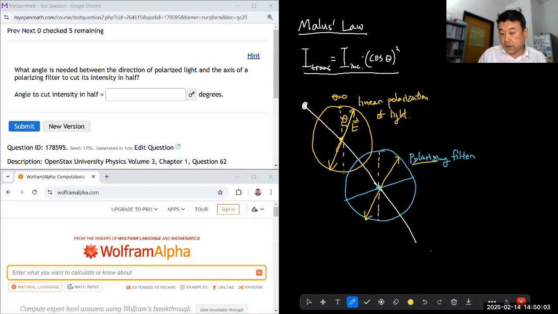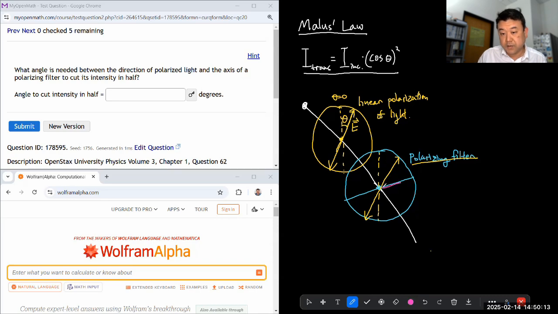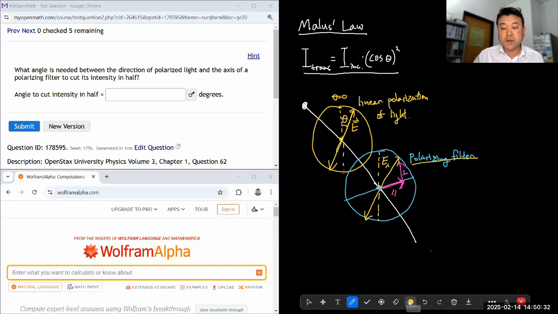So what this polarizing filter does is it takes a projection of this light along its axis. You can imagine this as a vector that can be broken down into the parallel component and the perpendicular component. And the polarizing filter only lets in this component of light. So if you had incident electric field of light, then you have transmitted electric field of light.